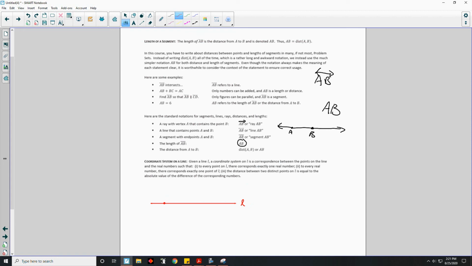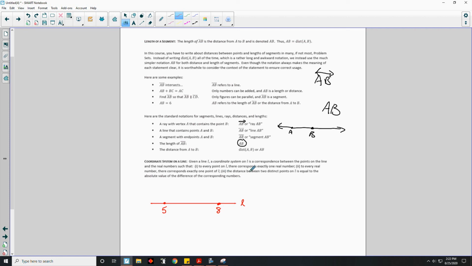So if I put a point here and called that 5, to every real number there corresponds exactly 1 point. So there's not going to be another 5 with a different point. If I come down here and put another point and call that 8, that point goes to that 8, and no other 8s will be on this line.